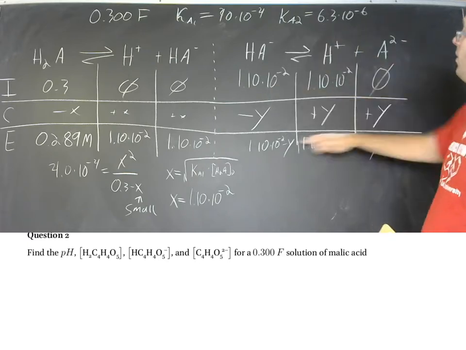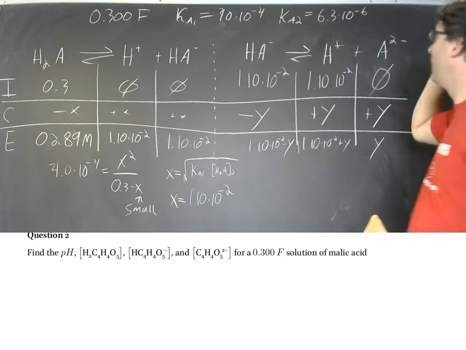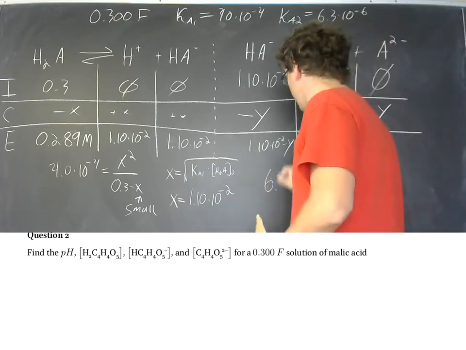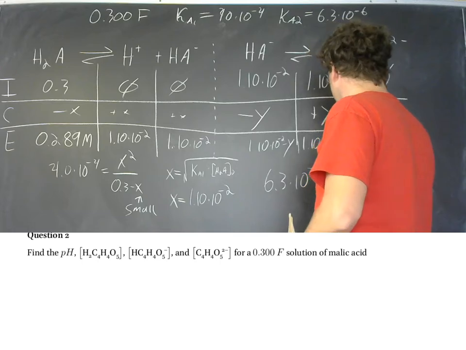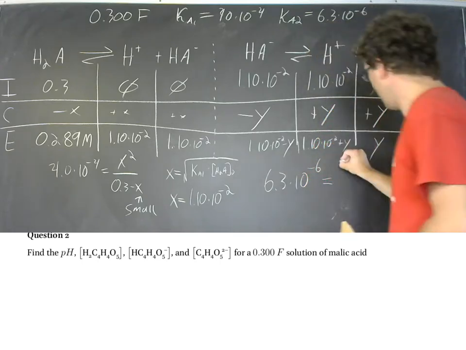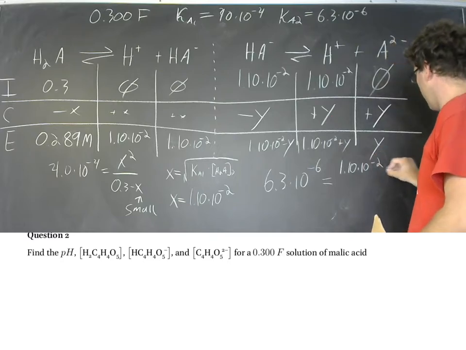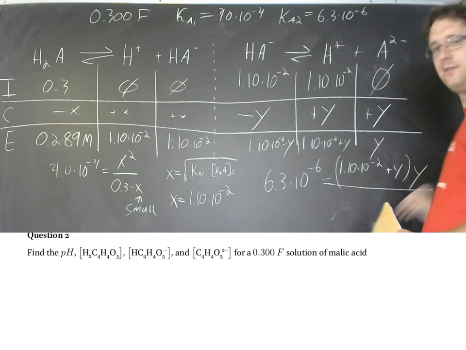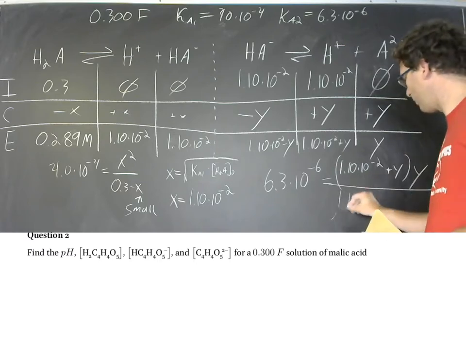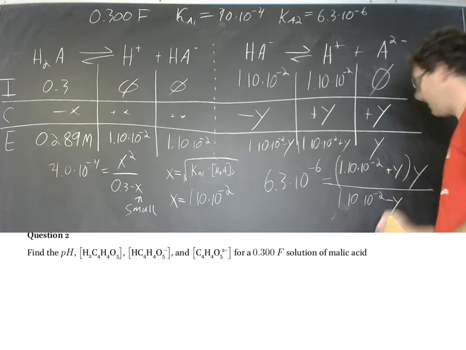Now, this all is the equilibrium governed by Ka2, and so we'll say 6.3 times 10 to the negative 6 is equal to 1.10 times 10 to the negative second plus y, times y, divided by 1.10 times 10 to the negative second minus y.